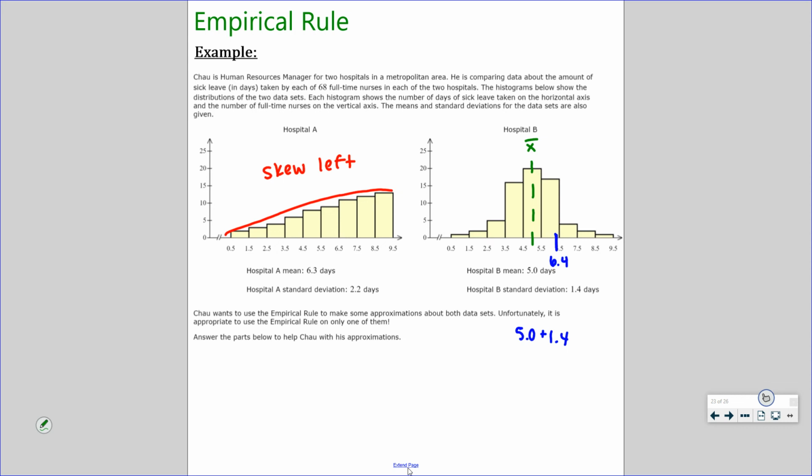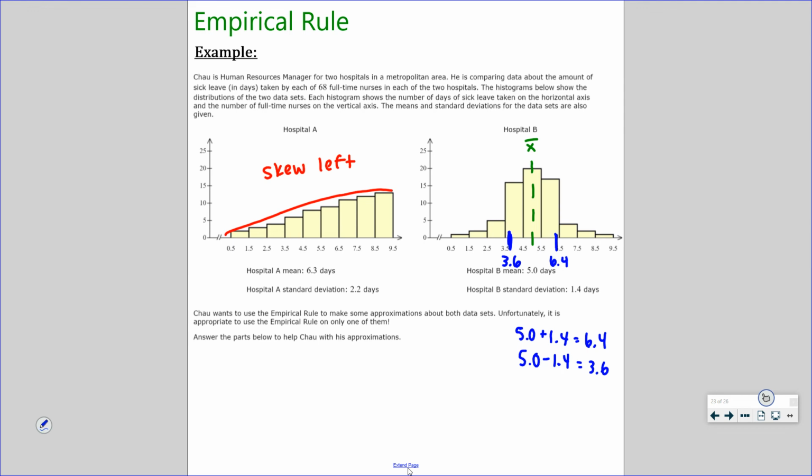That's 1 standard deviation to the right. Let's go 1 standard deviation to the left. So minus that 1.4, that'd give me 3.6, which would be about here. Okay, so there is my data.